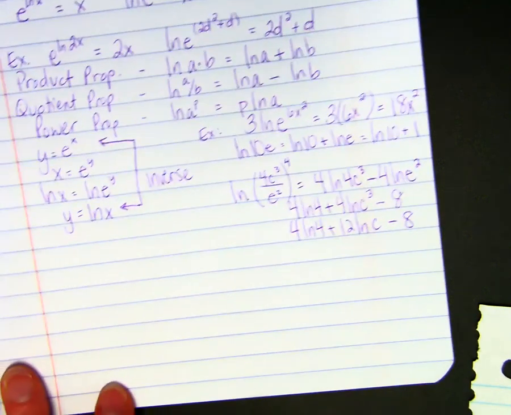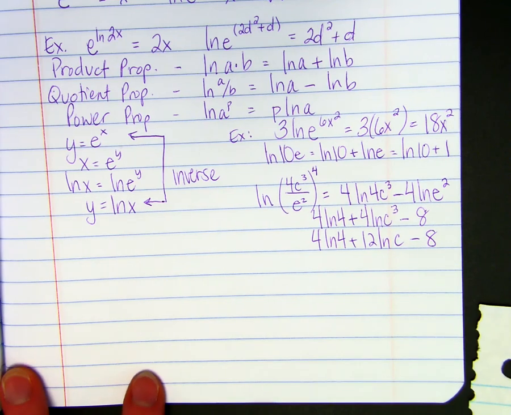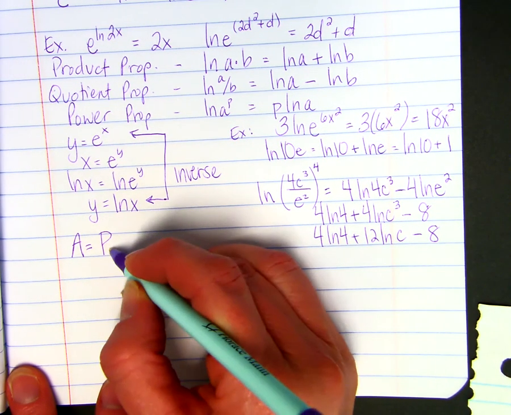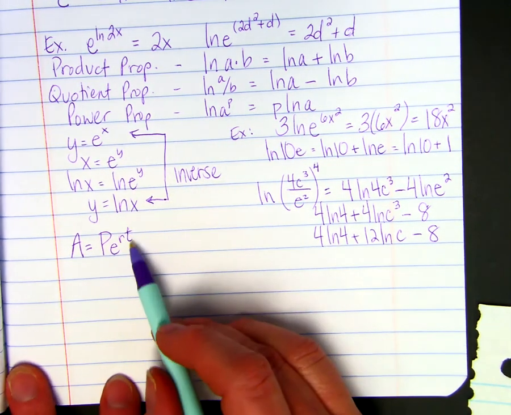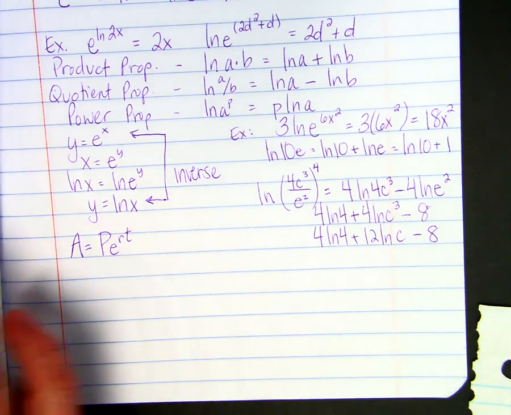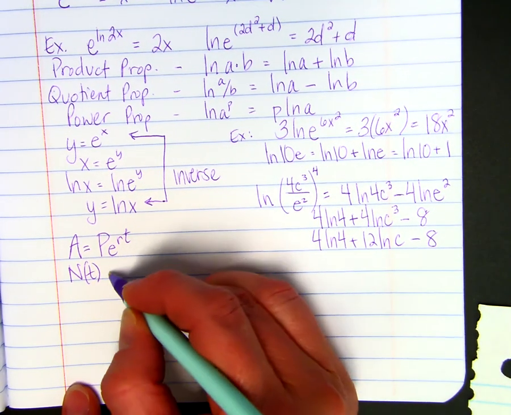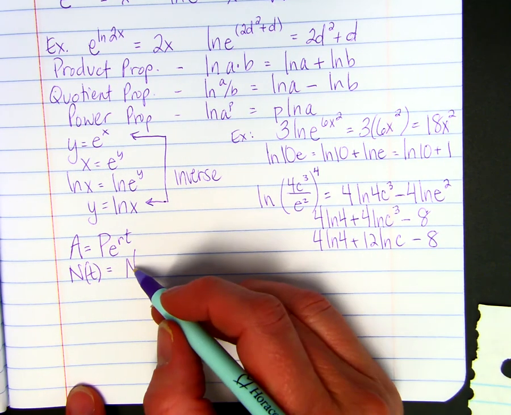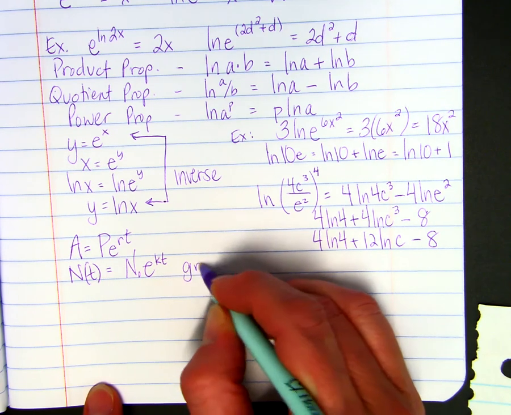There's a couple more formulas I need to give you. A equals Pe to the rt. This is one of those. I'm pretty sure we've seen that before. And then a growth model: N sub naught is just the initial amount, e to the kt, and that's for growth.